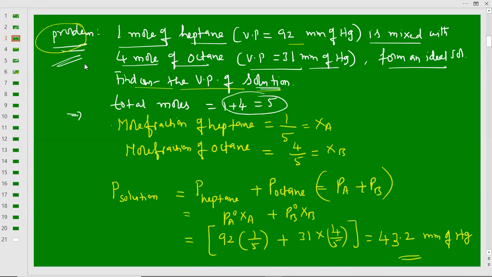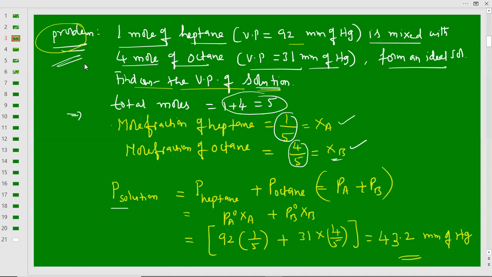Assume the mole fraction of heptane is XA, then it will be number of moles of heptane 1 by total number of moles 5. 1 by 5 is the mole fraction of heptane. Similarly, the mole fraction of octane is number of moles of octane 4 by total number of moles 5. 4 by 5 is the answer, that I am assuming is XB.